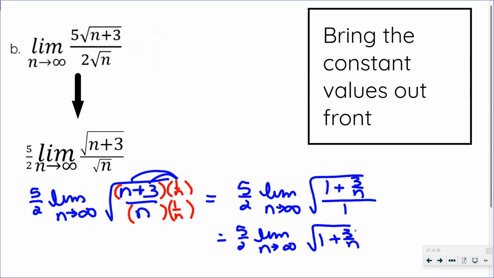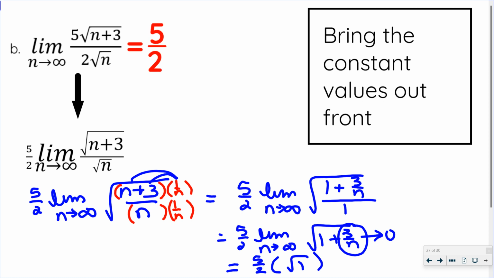So this is a bottom-heavy function. So as n gets bigger and bigger on the denominator, this whole thing is going to go towards 0. So I know this is going to equal 5/2 multiplied by the square root of 1, which is just 1. So this whole infinite limit just approaches a value of 5/2.